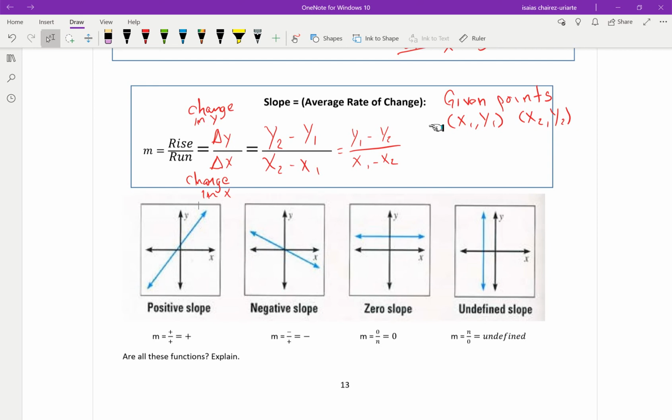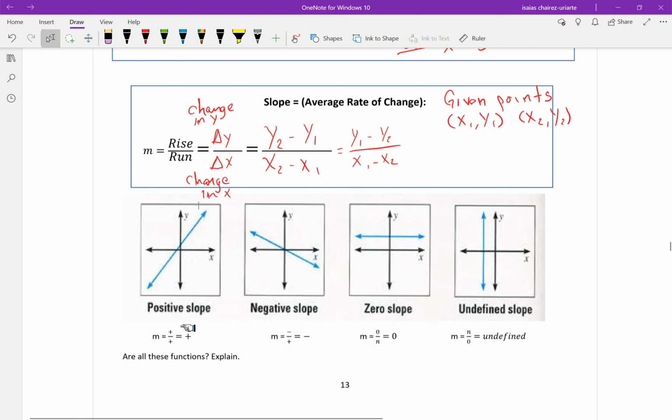It almost looks vertical. Whereas if your slope is something very small, like 0.003, then your line will almost look horizontal. So the larger the number, the steeper the line; the smaller the number, the more horizontal the line gets.